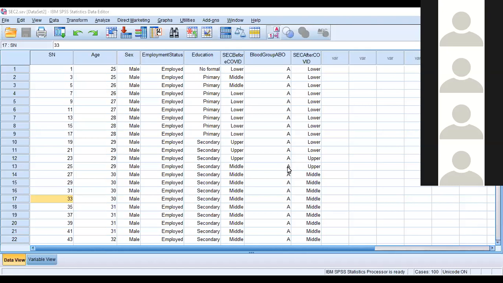So I want us to look at, I said that whenever you are doing chi-square, because it has to do with categorical variables, the issue of a contingency table comes in. So one variable will be on one side, and the other variable will be on the other side.